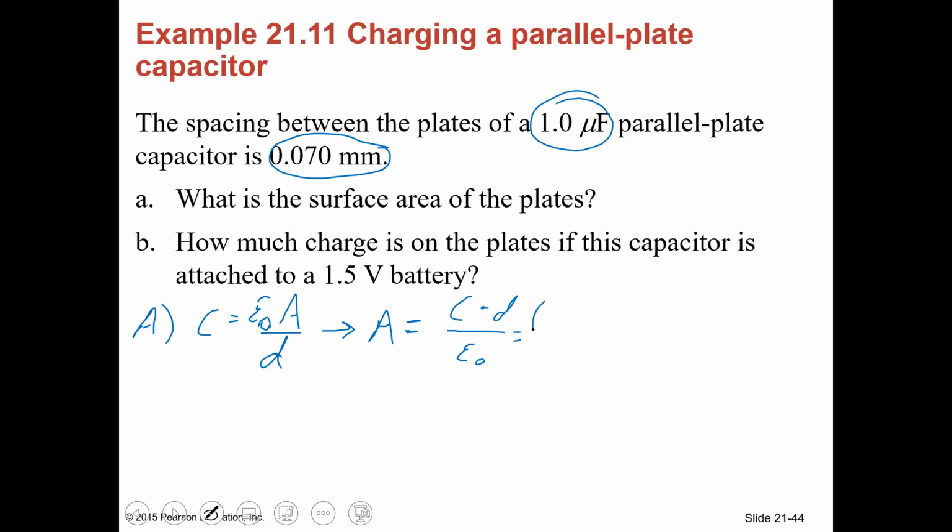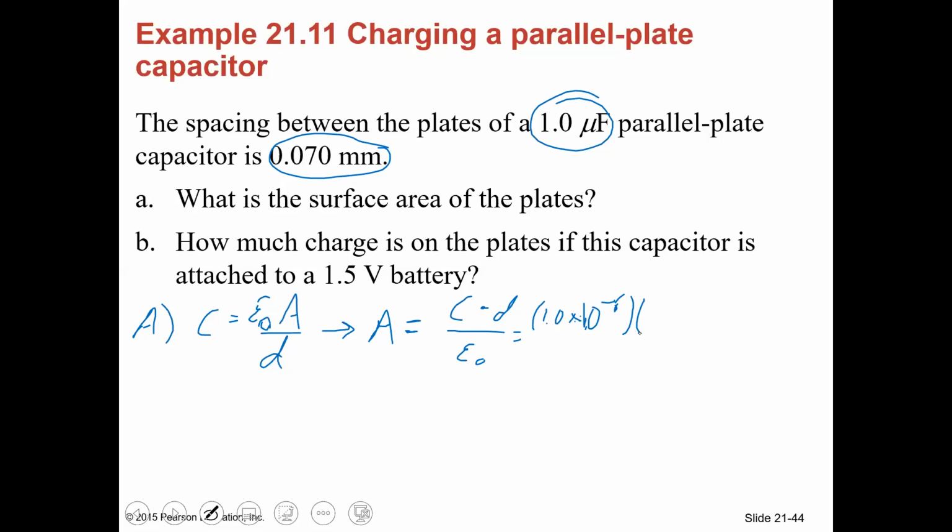Okay, and of course we could plug in. For C, 1.0 microfarads, so times 10 to the negative 6. Watch out for your distance, this all has to be in SI units.